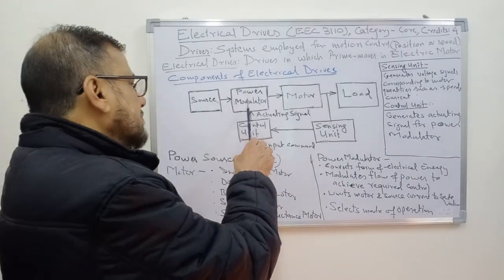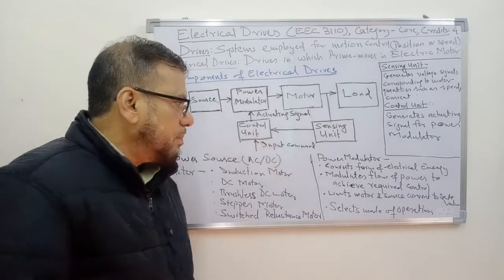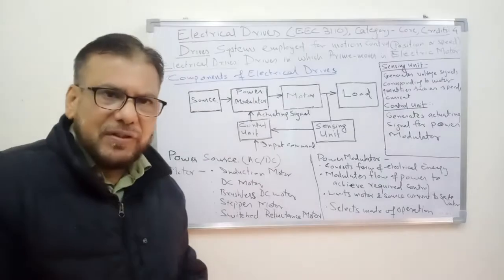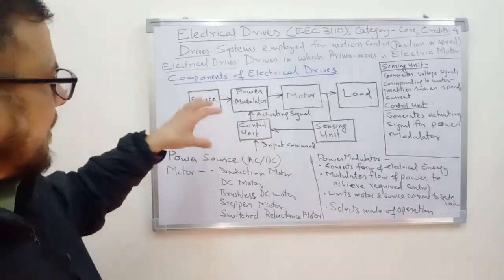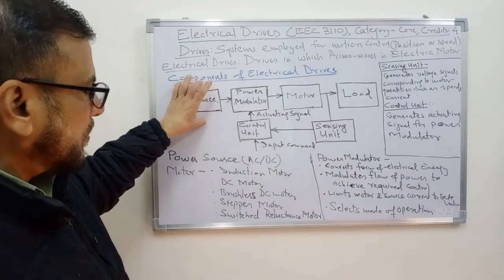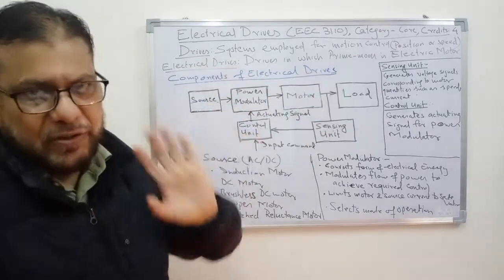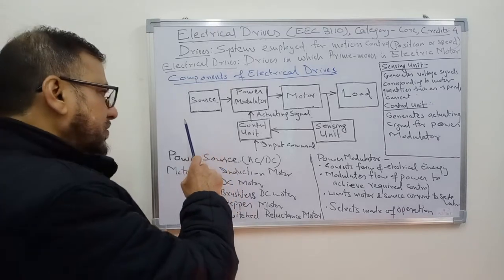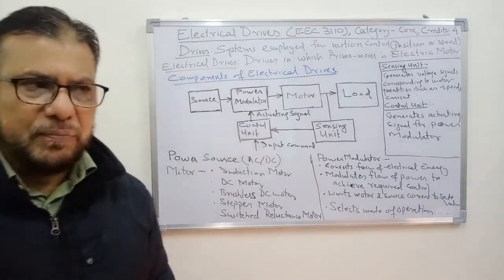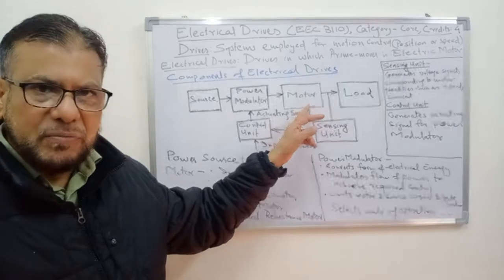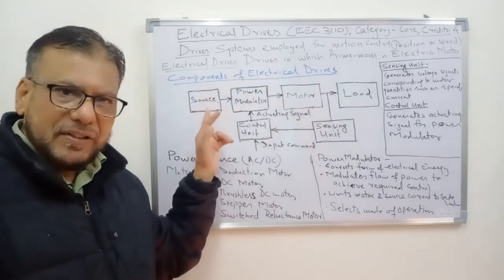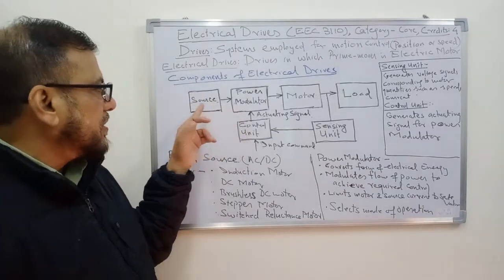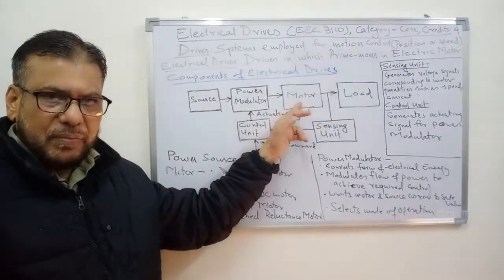Now the component power modulator, as the name suggests, modulates the power available from the source according to the need of the motor. So it converts energy from one form to another. For example, if the motor is a DC motor and the supply is AC, the power modulator will convert this AC supply into DC supply.